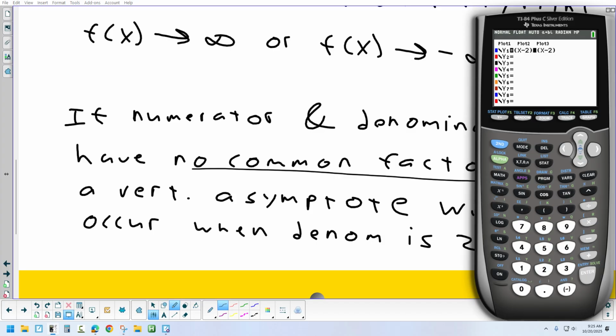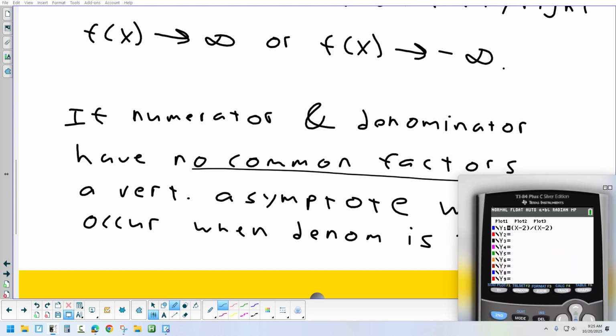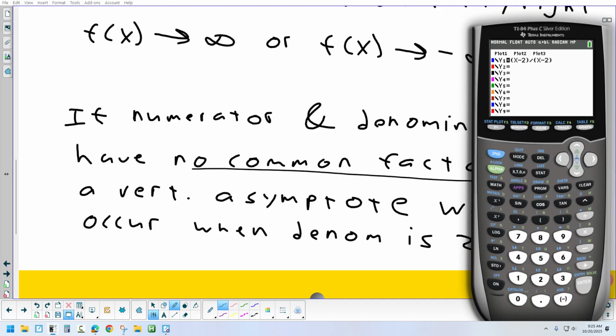Now there's a common factor in the top and the bottom. The top has an x minus 2. The bottom has an x minus 2. What number are you still not allowed to plug into the bottom? 2. When you plug 2 in the bottom, you get 0.